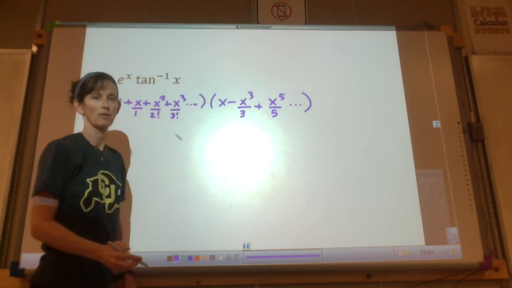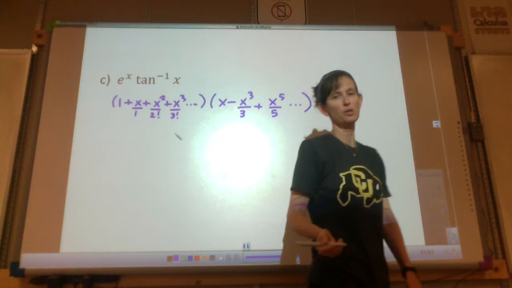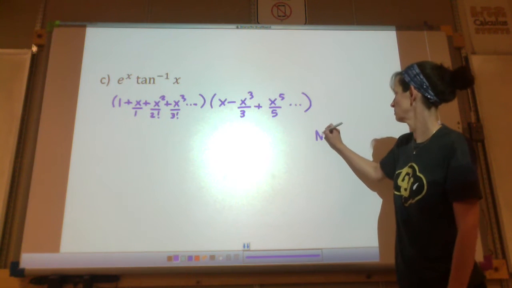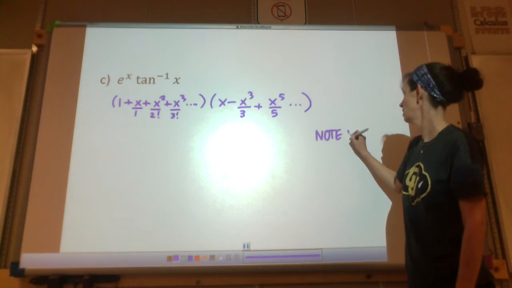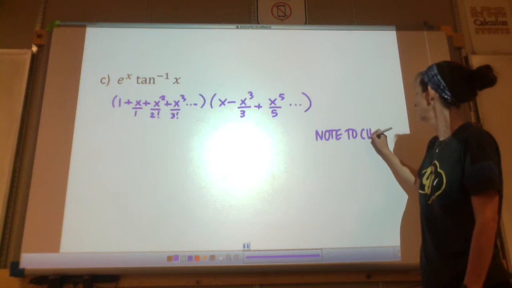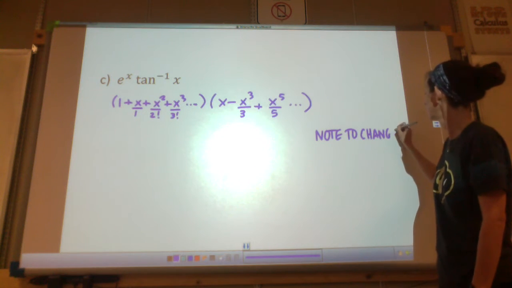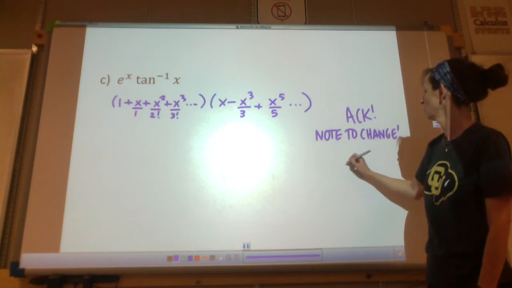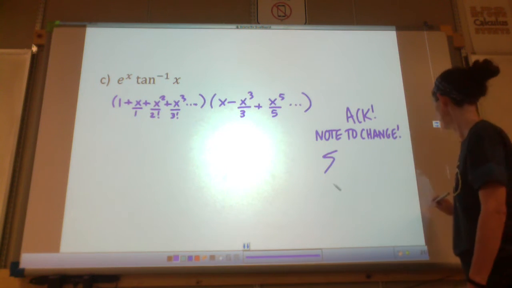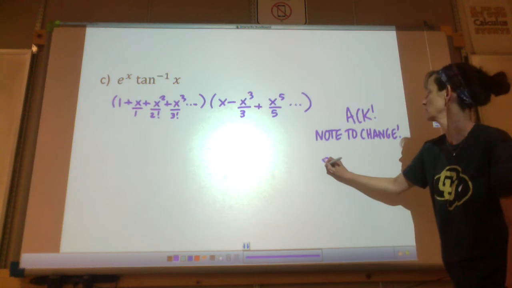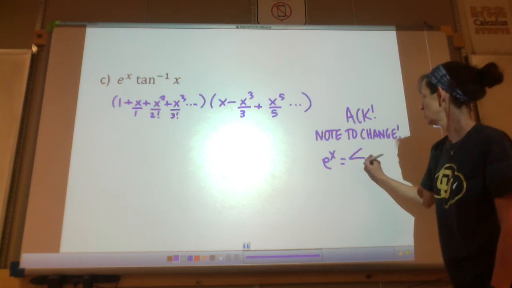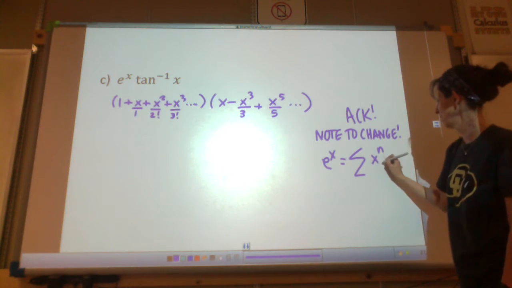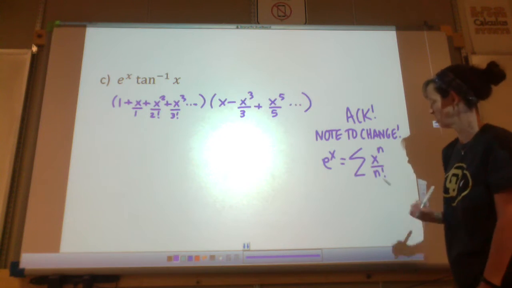You guys caught it. Okay, here. We're going to write note to students. Note to changed notes. E to the x is not just x to the n, it's x to the n over n factorial.